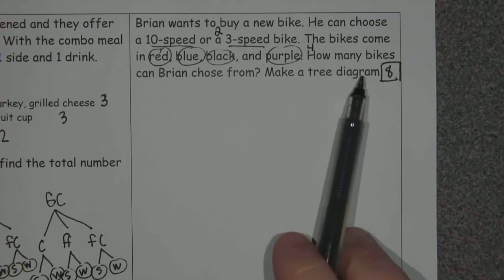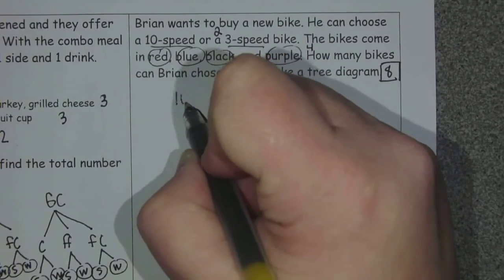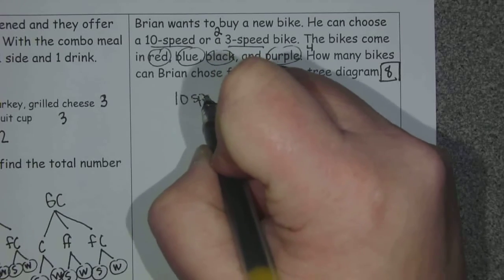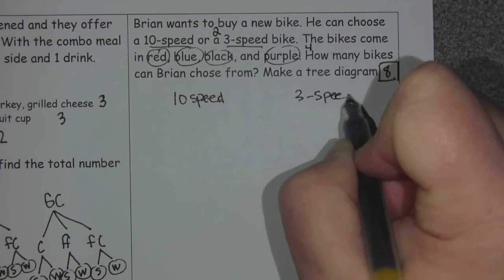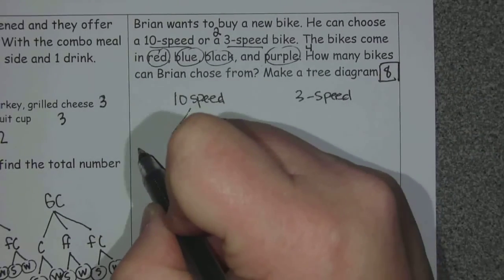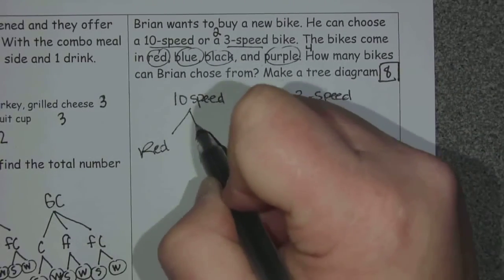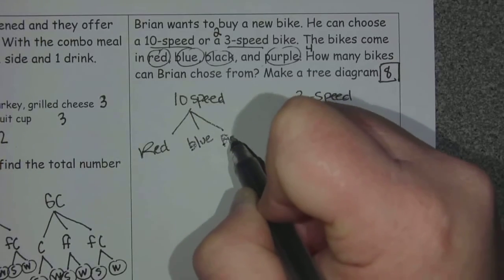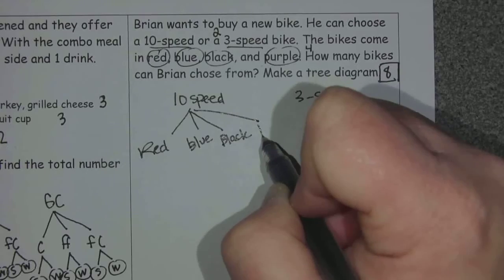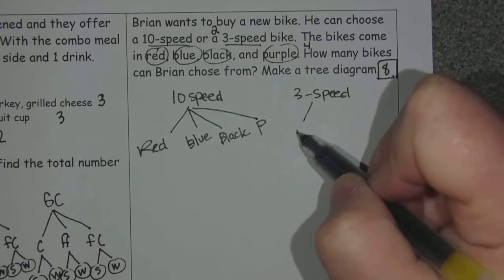But it says to actually make the tree diagram. So I have to go 10 speed at the top and 3 speed at the top. And then I have to go red, blue, black. I should have abbreviated. Purple. I'm going to start abbreviating.